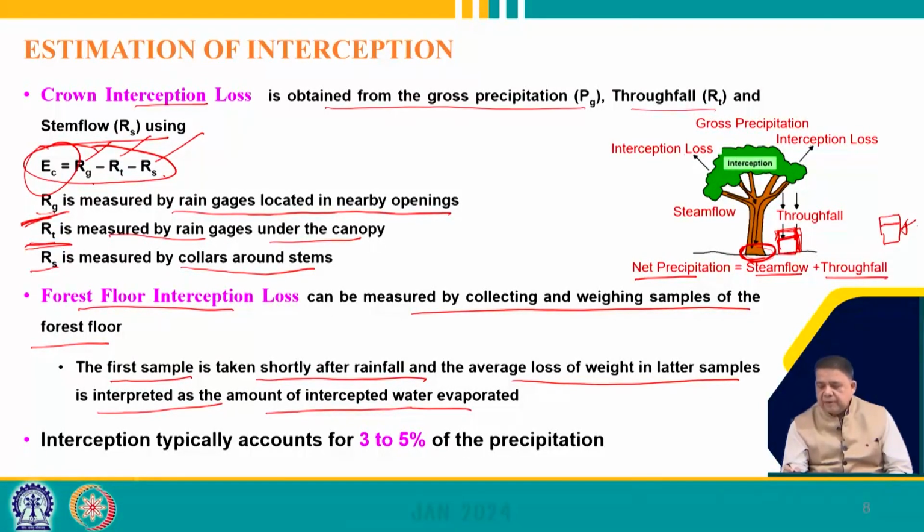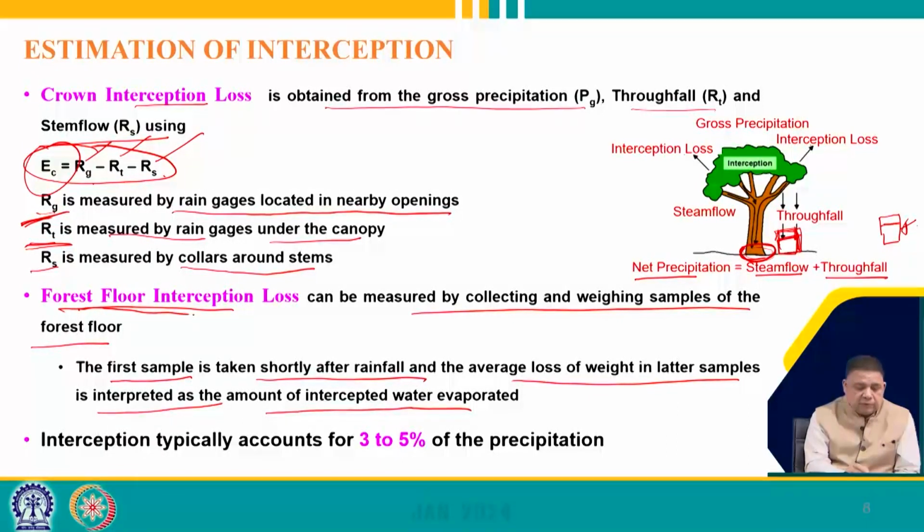So, if you take a sample immediately after rainfall, when a lot of intercepted water is there, then you let this sample dry and take the weight. The difference in the weight will be only because of the water that has evaporated, that was intercepted by the forest floor. That is referred to as forest floor interception loss.